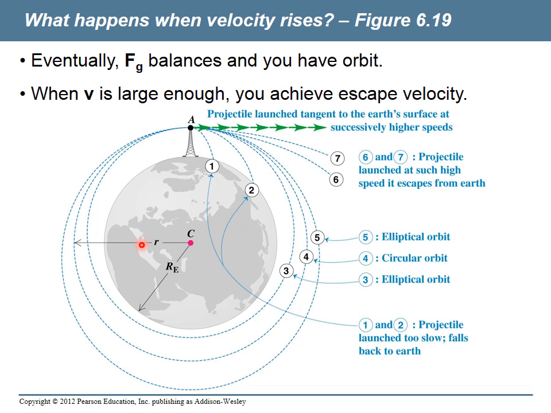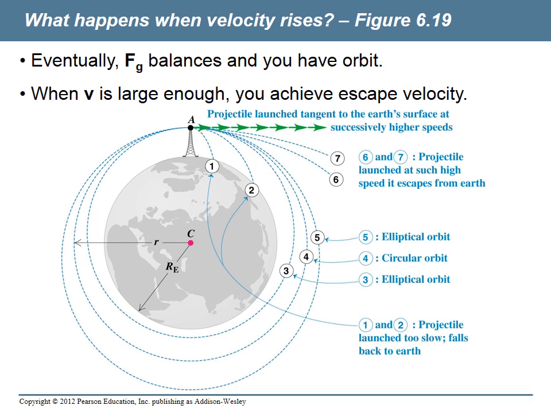But if it works out so that the centripetal force required, mv squared over r, is the same as the gravitational attraction force we get here, G m1 m2 over r squared, then this will end up in a perfect circle.